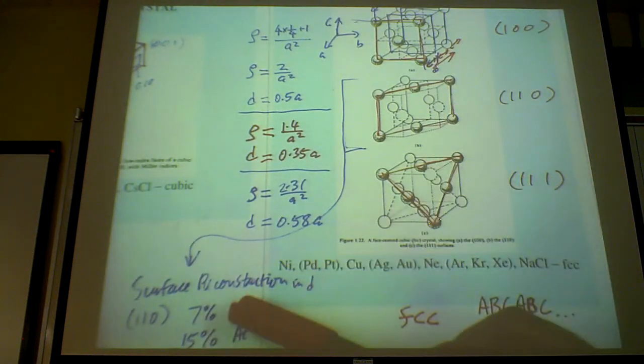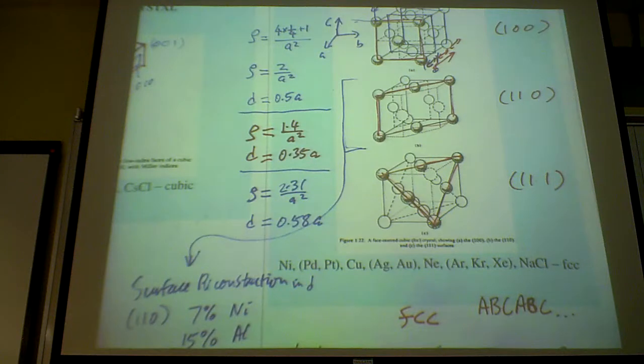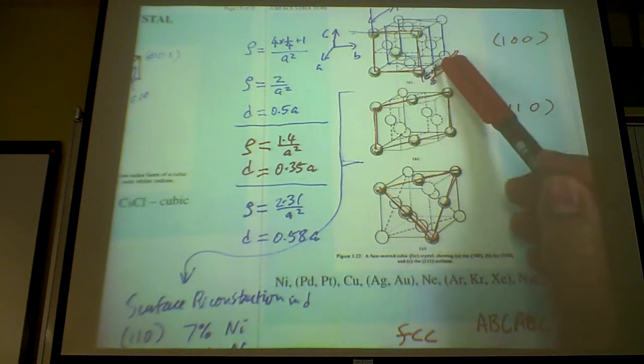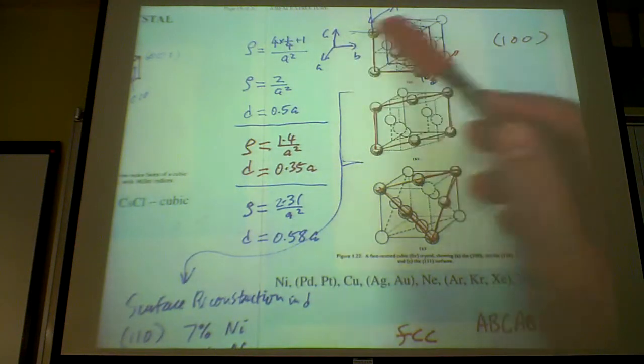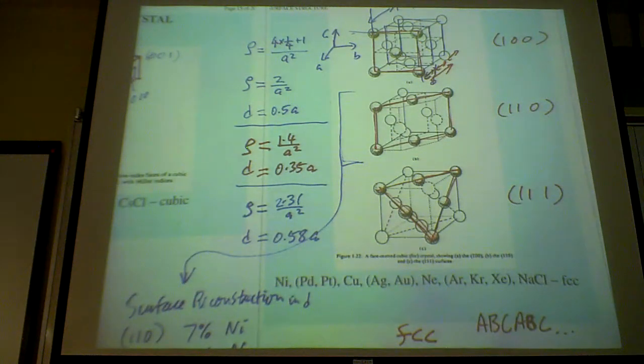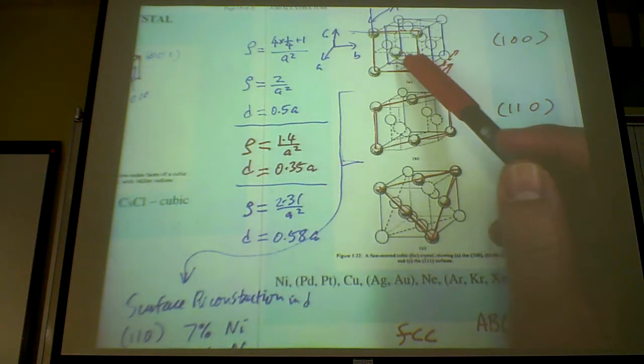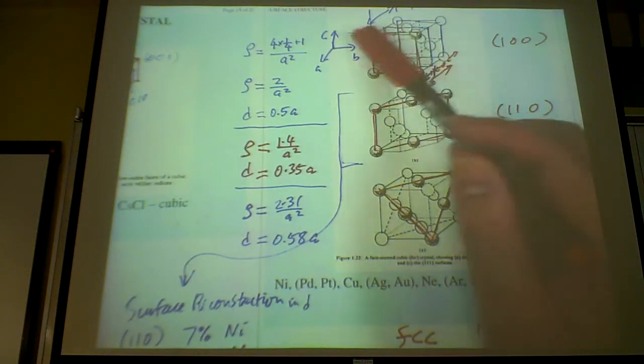It depends on the nature of the material that you have. Okay, so that's one of the points. And the other thing is that you have reconstruction in the D direction after you cut this bulk material and create the surface. Obviously, you also have reconstruction in the plane itself.